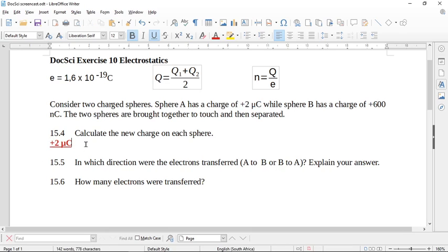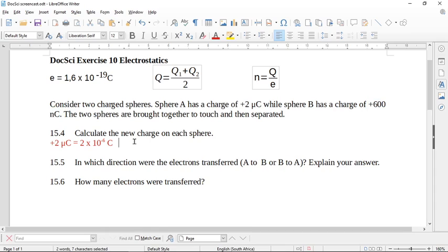So 2 microcoulombs. If you look on King Henry, a micro is times 10 to the negative 6. So this is 2 times 10 to the power of negative 6 coulombs. Once these things are both in coulombs, it's like taking your cents and rand to both cents or both rand.